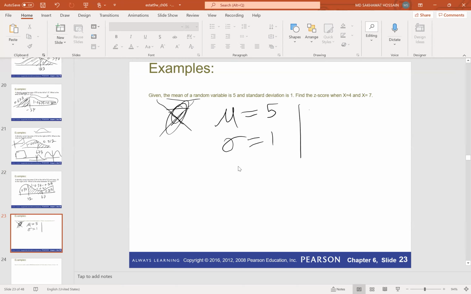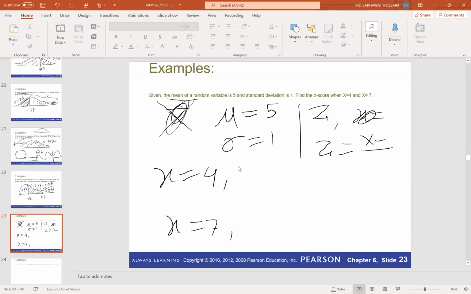So we have to find the z-score when X is 4 and when X is 7. We know the formula, Z is equal to X minus mu over sigma. So when X is 4, it will be 4 minus 5 divided by 1.